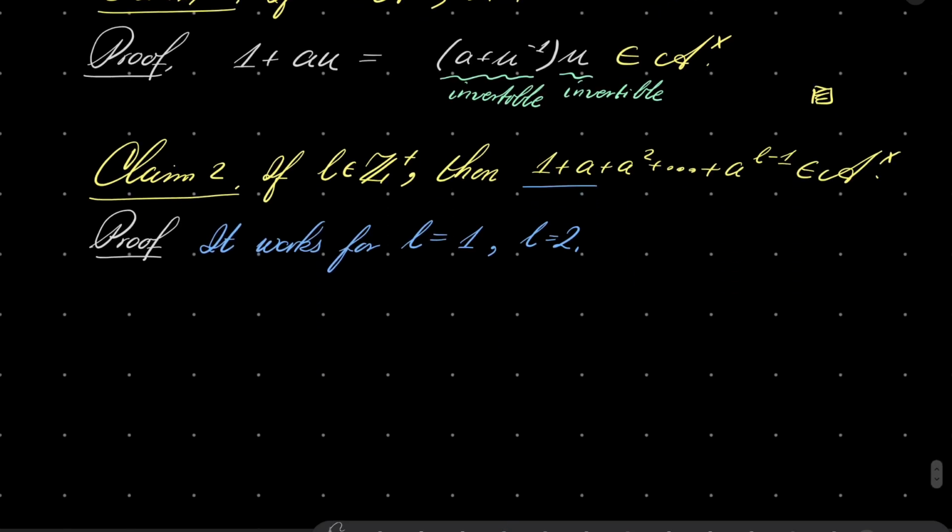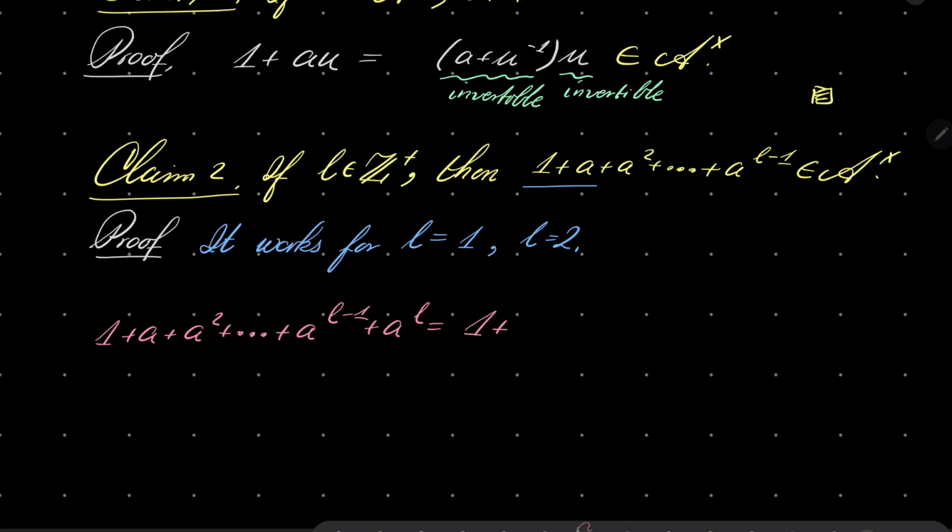And now let's assume, and now notice the following. What will happen if I take, or maybe, you know what, I will write it the following way. 1 plus a squared plus a to the power of L minus 1 plus a to the power of L. I can write it in the following way.